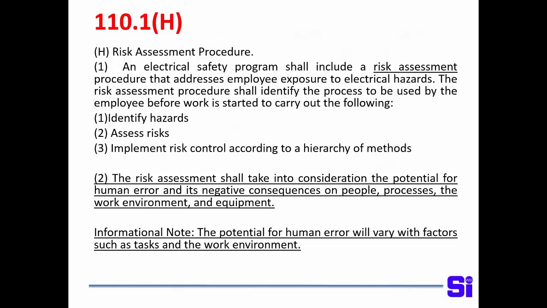And what we're saying is, look at the job that you're about to do, try to assess what human errors could occur, and then try to put in procedures and processes to try to eliminate those human errors.